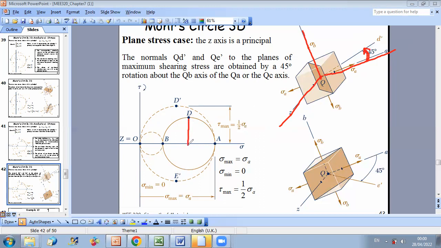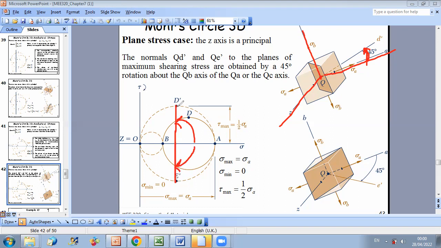When you rotate an angle of 45 degrees relative to QA, you will get the maximum shear stress. Of course, here you have two possibilities. You can rotate in positive direction: if you rotate from A, you get axis D prime. Rotating in negative direction, you get axis E prime.